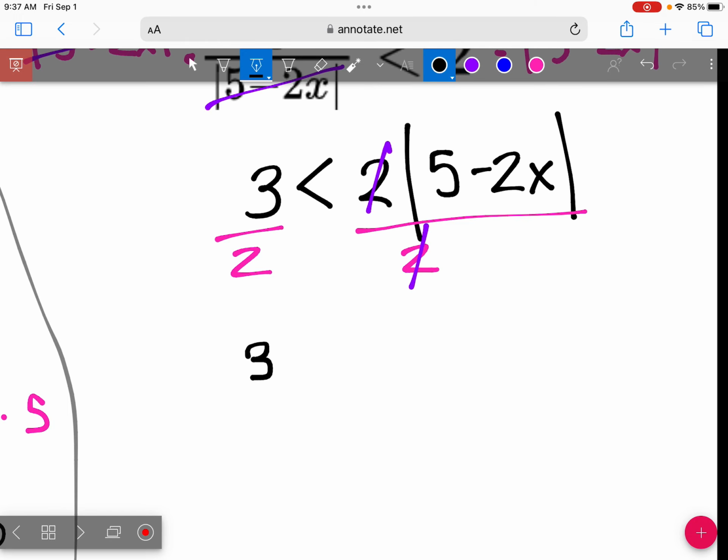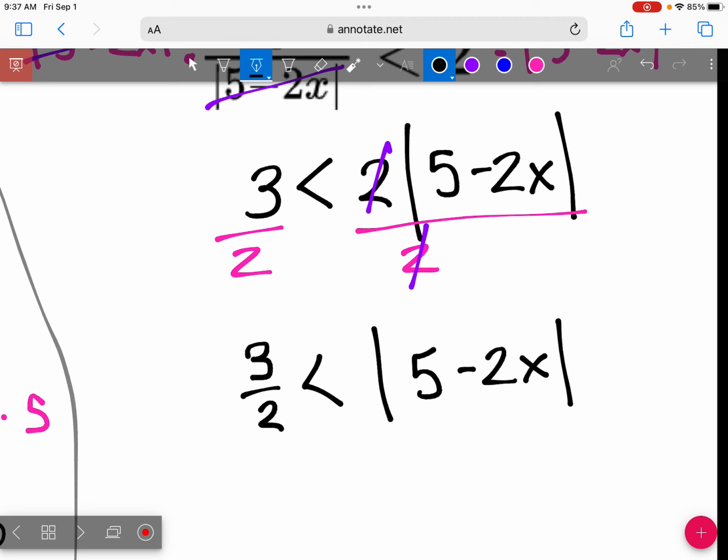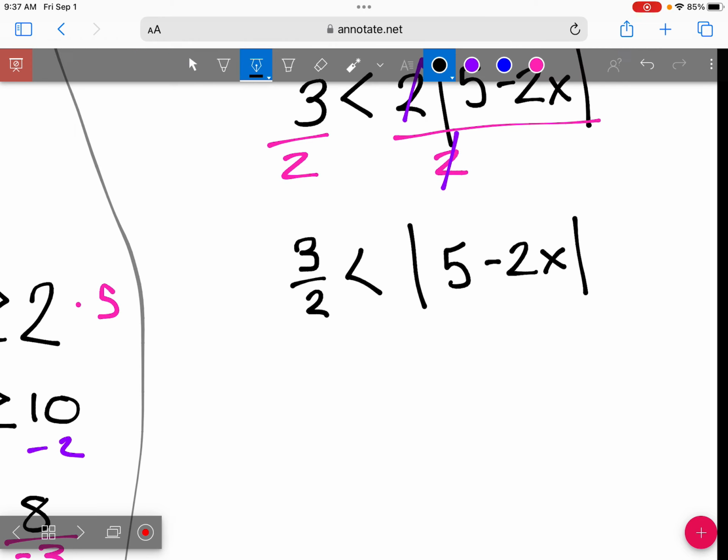And we're left with 3 halves is less than the absolute value of 5 minus 2x. Okay, you okay on that part? Okay, so then we're into this distance is bigger than 3 halves.